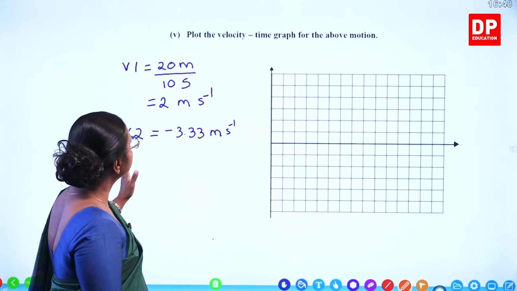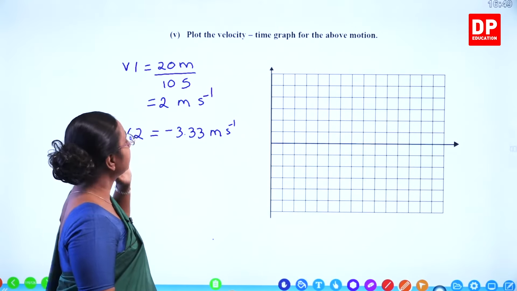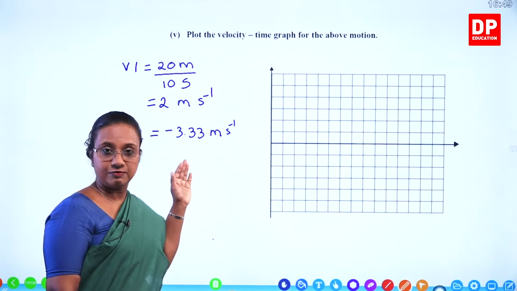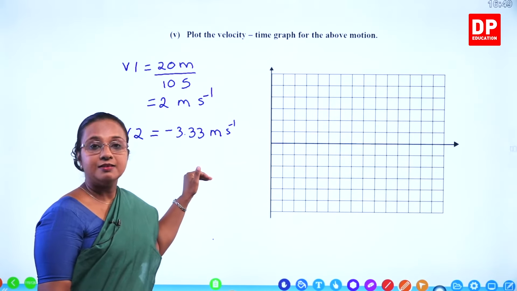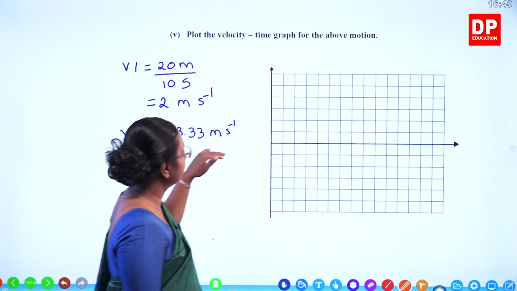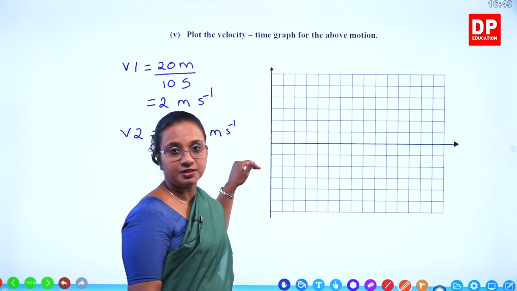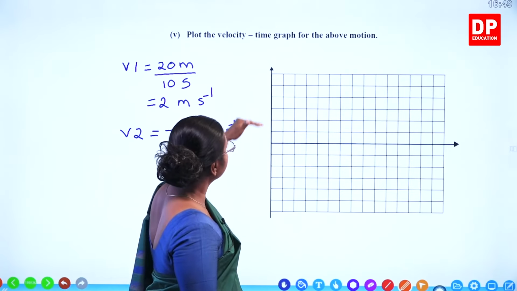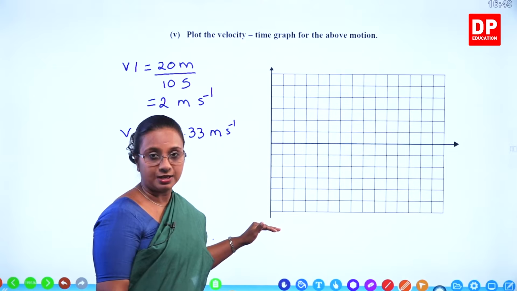So, when we need to plot a velocity time graph with a positive velocity and a negative velocity, that is velocity in the first direction and the velocity in the second direction, we will have to mark the zero line in the middle of the graph. So, you will have the positive y values and the negative y values.